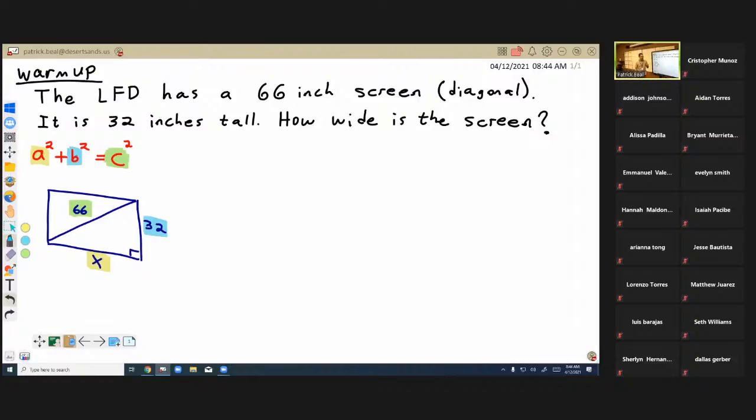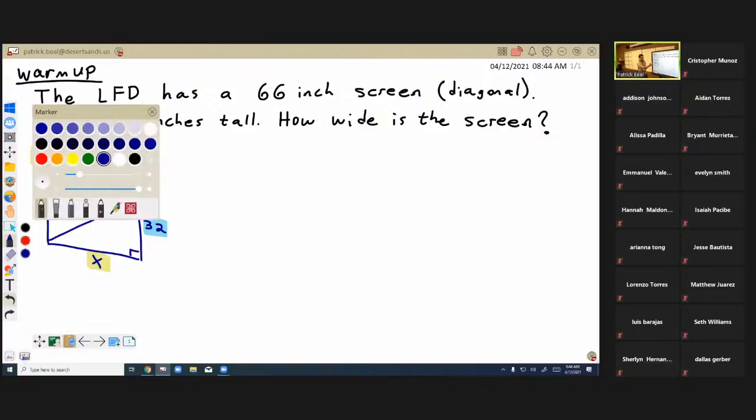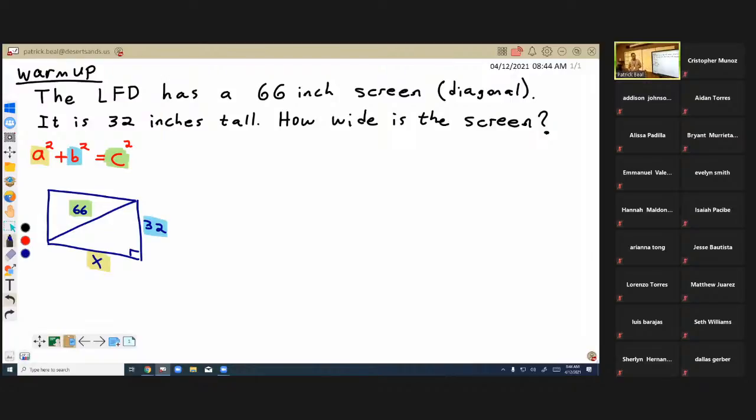Hopefully you should be getting close to an answer here. All right, so when we plug in these numbers, you should have got something like x squared plus 32 squared is equal to 66 squared, possibly with these ones switched.